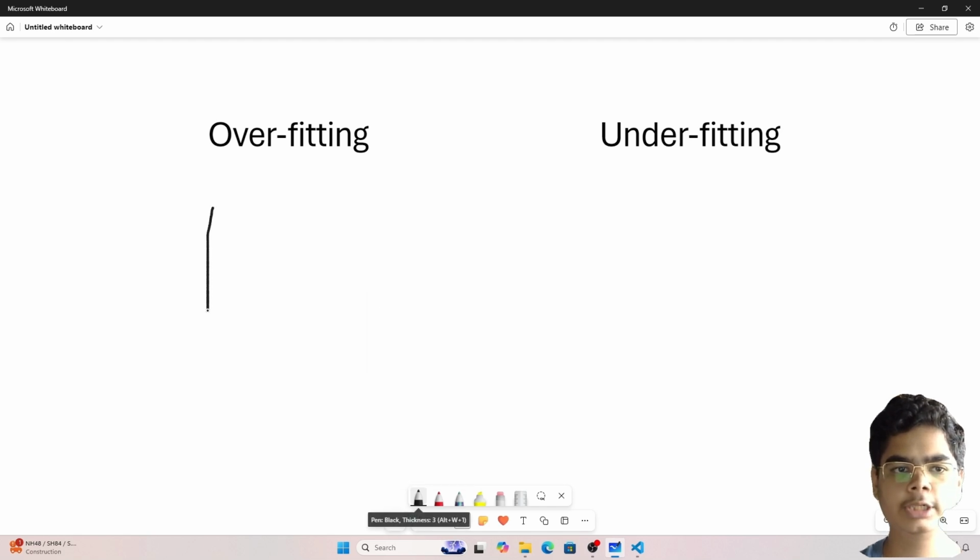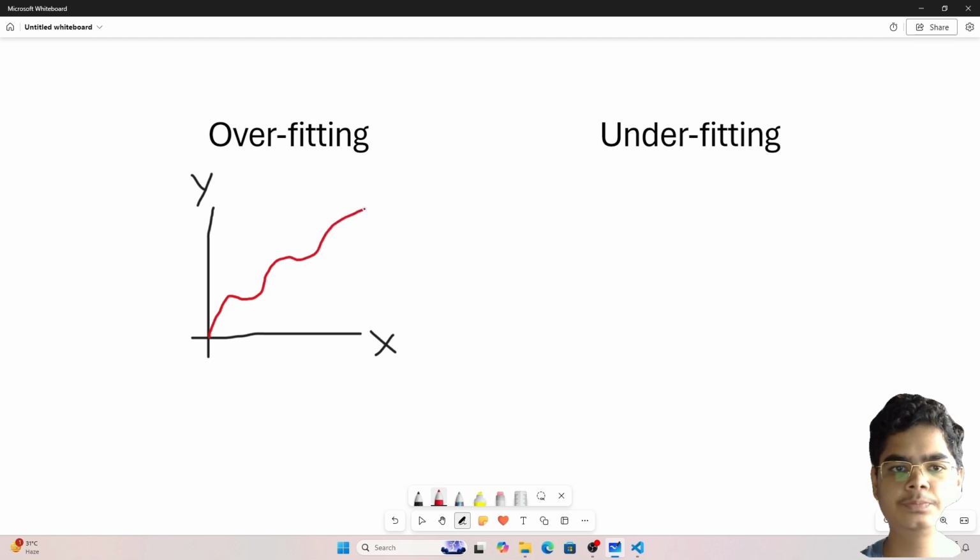So let us say that this is the graph of closing prices of Bitcoin. This is the y-axis, this is the x-axis, and here are the closing prices in USD, and here are the timestamps. Now let me represent the closing prices predicted by our model by this red line, something like this.